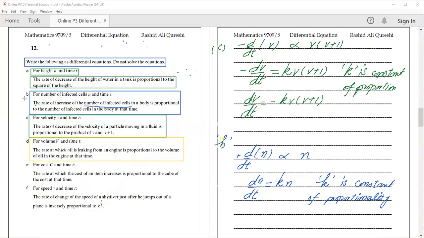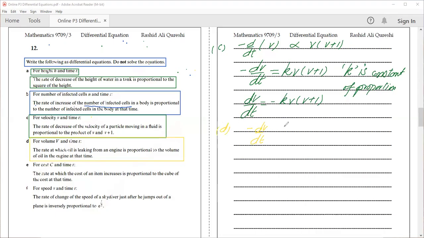Now I will try to make it directly because I have practiced the 3 questions. So I will start by the direct method. Rate of decrease of oil is leaking. Oil leaking means the volume of the oil is decreasing. So you have to write dV by dt. Decrease means minus sign.